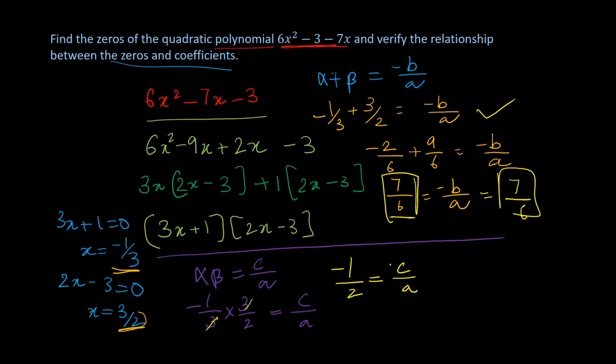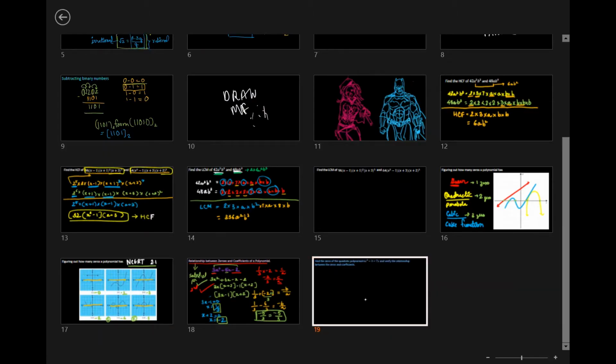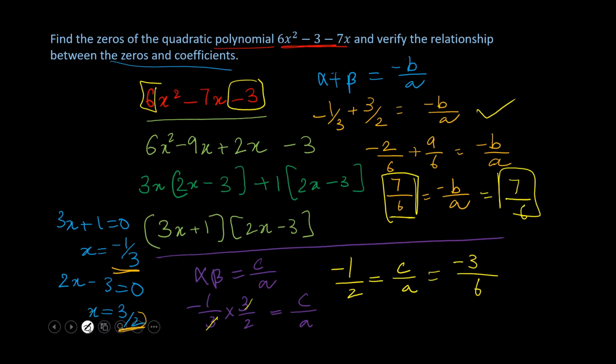Now c here is minus 3. I know what you're wondering, it's not correct, but just wait, I'll show you. Keep patience. Now a here is 6, right? When we simplify that, we'll get minus 1 by 2.